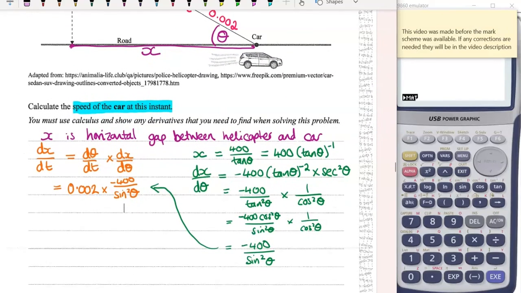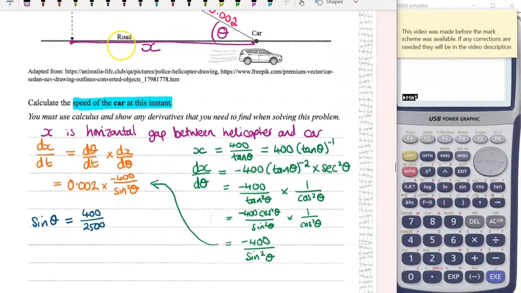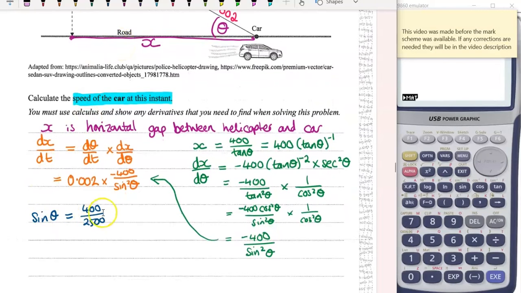So we can use that to work out something for theta. So now sine theta is going to be 400 over 2,500, just by using trigonometry on this. We've got the opposite and the hypotenuse. So sine of theta is opposite divided by hypotenuse.